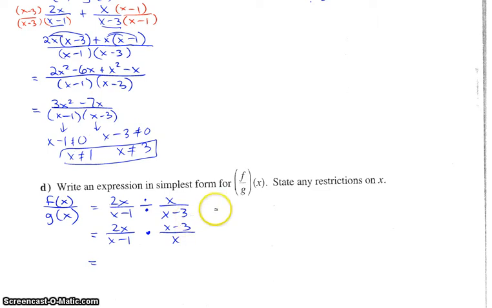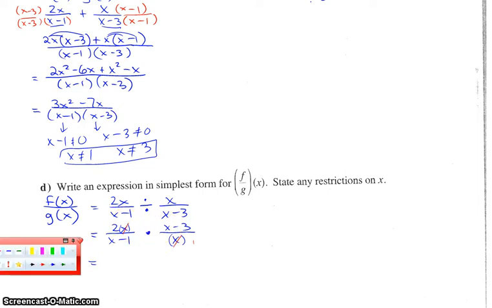everything in the numerator and denominator. You'll notice this x down here and this x up here. This x is being multiplied by the 2, so we're okay. Those are common factors, so we can divide those to equal 1. We can't divide these x's here this way because it's x minus 3, not x times 3. It's not a factor.